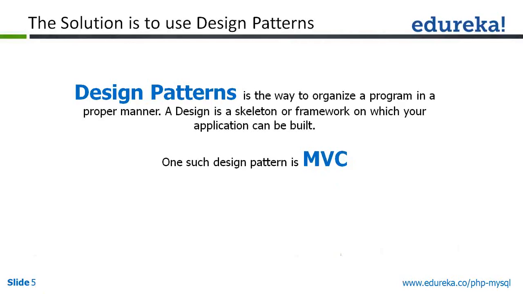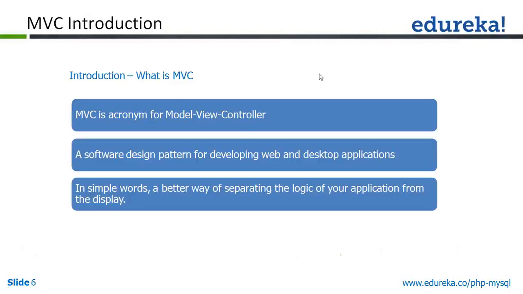Model, View, Controller. MVC. M for model, V for view, C for controller. This is widely used in web application development. MVC is an acronym for model, view, controller.